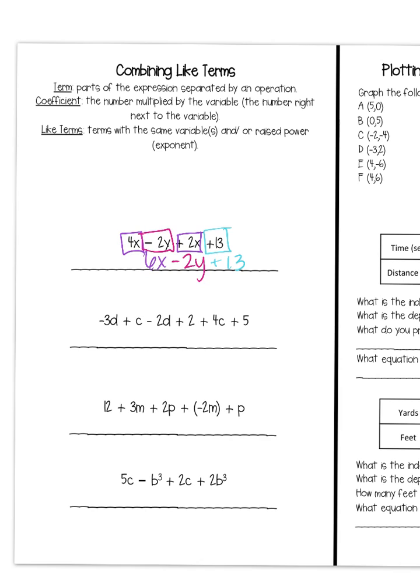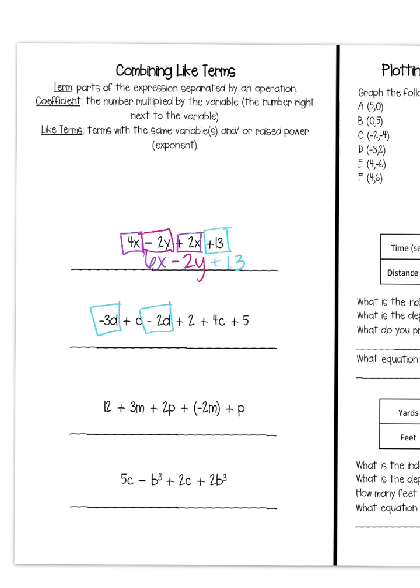Okay, so come down here to the next one. Negative 3d plus c minus 2d plus 2 plus 4c plus 5. Okay, so I have a negative 3d. Was that an A or a D? Okay, it was a D. I have a negative 3d and a negative 2d. Same sign add, different sign subtract.